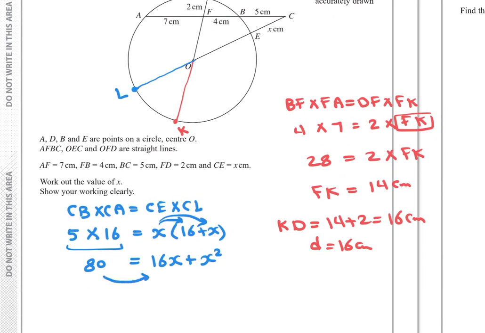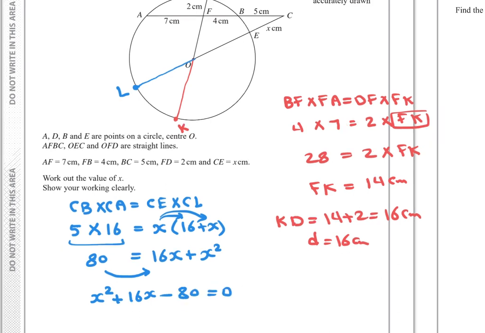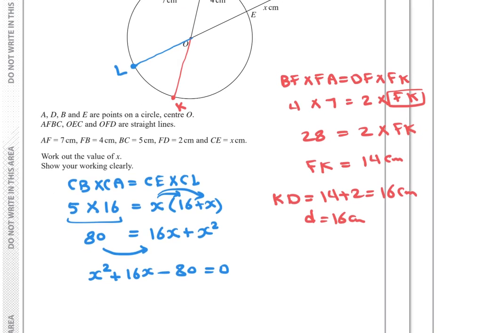Now you can transpose 80 to the other side. Then you have a quadratic equation, x squared plus 16x minus 80 equals 0. You can factorize. Two numbers, if you multiply, you get negative 80, and if you add, you get positive 16. So 20 and negative 4.